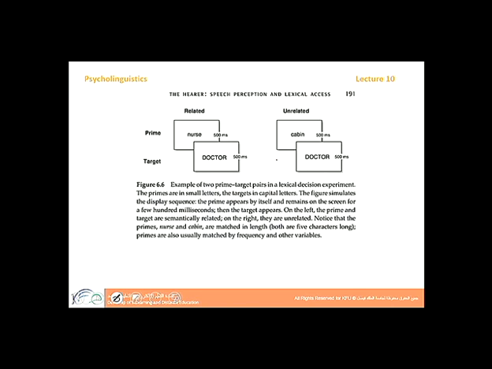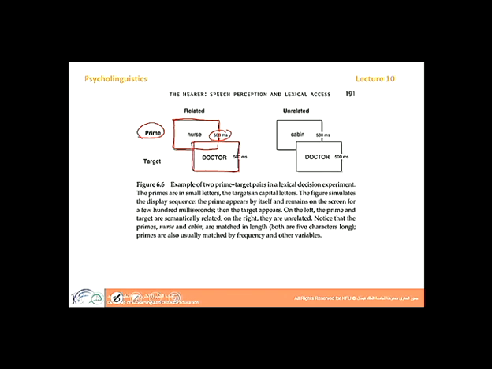So here, the word that I show you before is called prime. This one here. So first of all, I show you the word nurse. And I show it to you for 500 milliseconds. And then it disappears. And then I show you the word doctor.